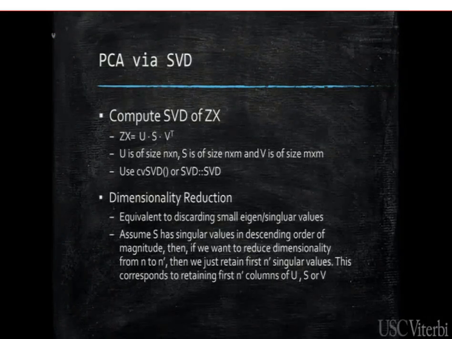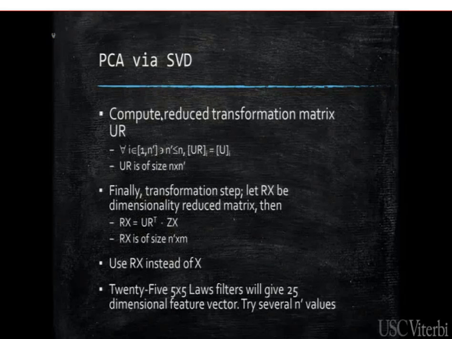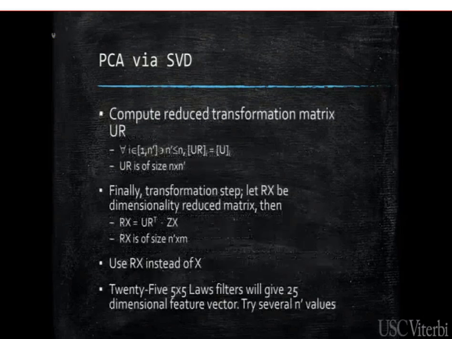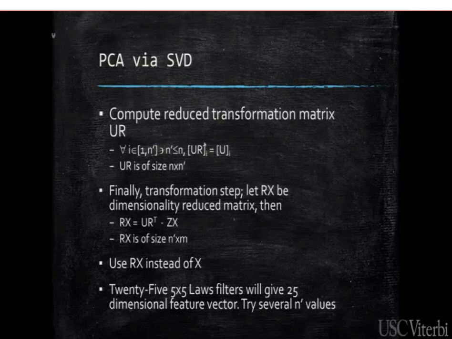So if I want to reduce the dimensionality from n to say n prime, where n prime is less than n, I would retain only the first n prime largest singular values. Does that make sense? Okay, so once we have the matrix U from the previous step, if I want to reduce the dimensionality to n prime, I would just retain only n prime columns from U. So U is an n by n matrix, right?